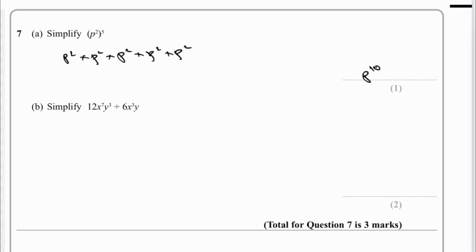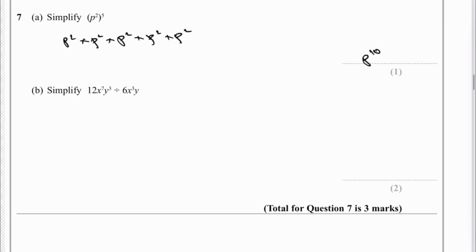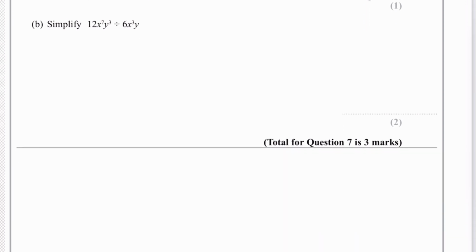Okay, simplify. Well, I'm going to write this actually as a fraction. I find it a little bit easier to write it as 12x^7y^3, all divided by 6x^3y. Okay, because I can just work through methodically. So if I look at the numbers, I've got 12 divided by 6, which is going to give me 2.